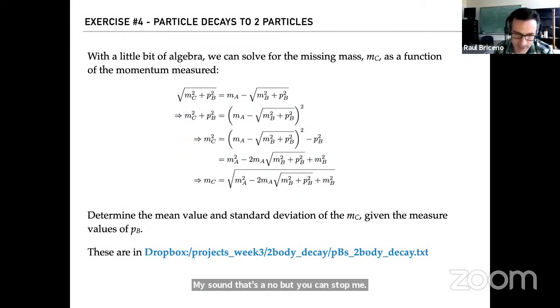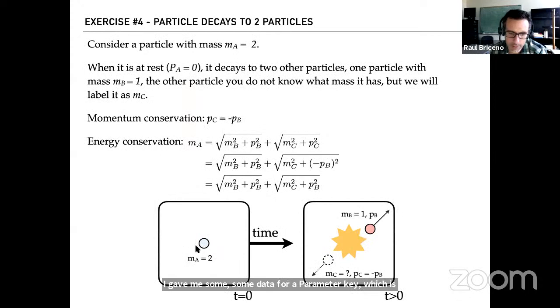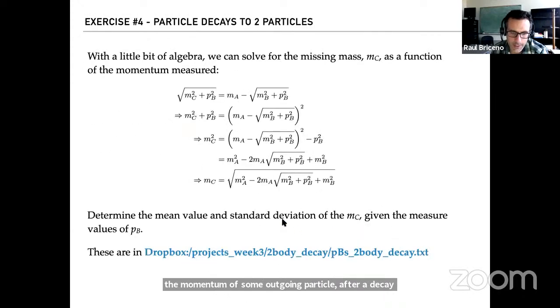The second project was, I gave you some data for a parameter P, which is the momentum of some outgoing particle after a decay of a single particle. And I asked you to find the mass MC.